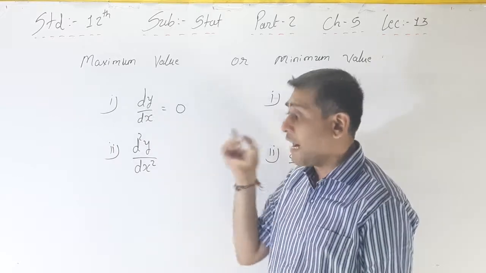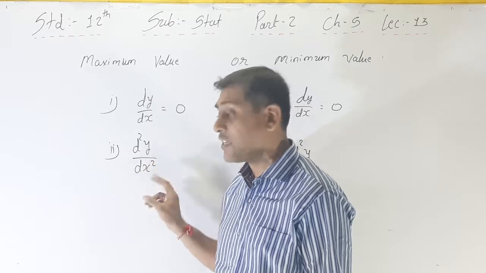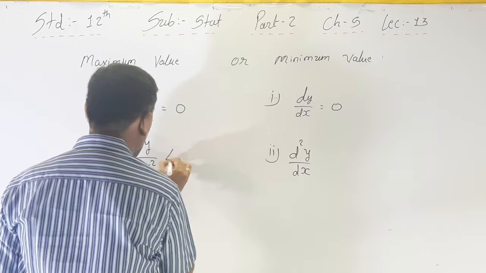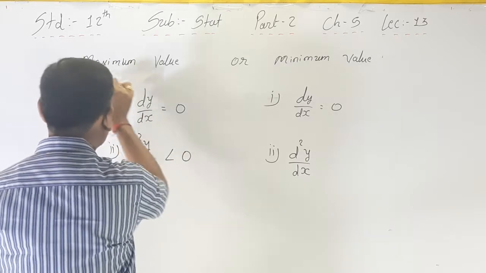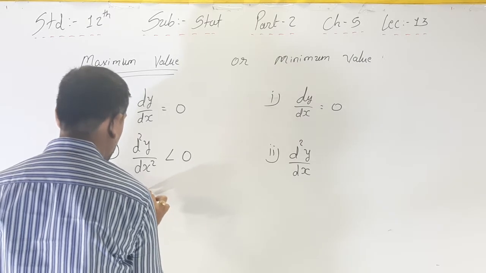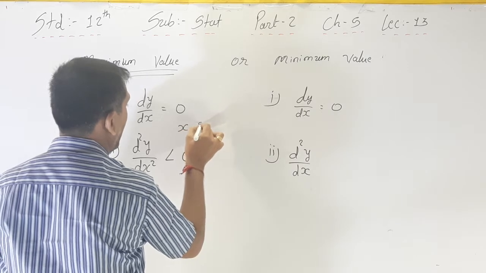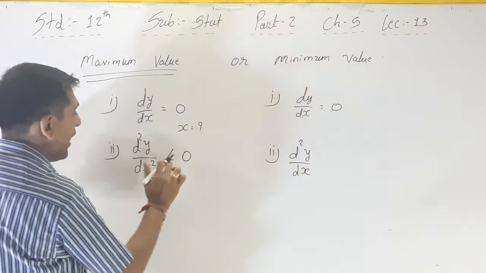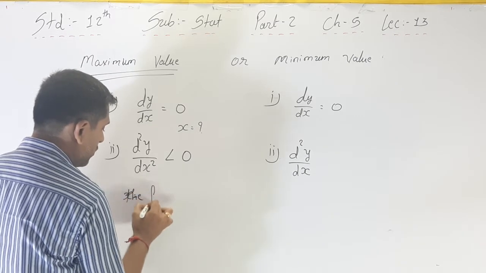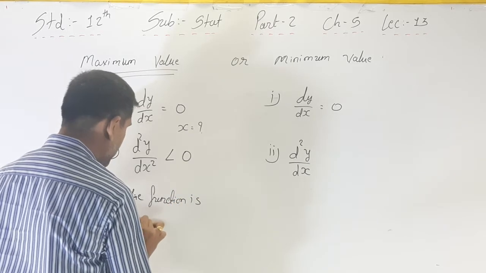We have to put that x value in the second derivative, d square y by dx square, and if that answer is less than 0, then at that x value the function is maximum.